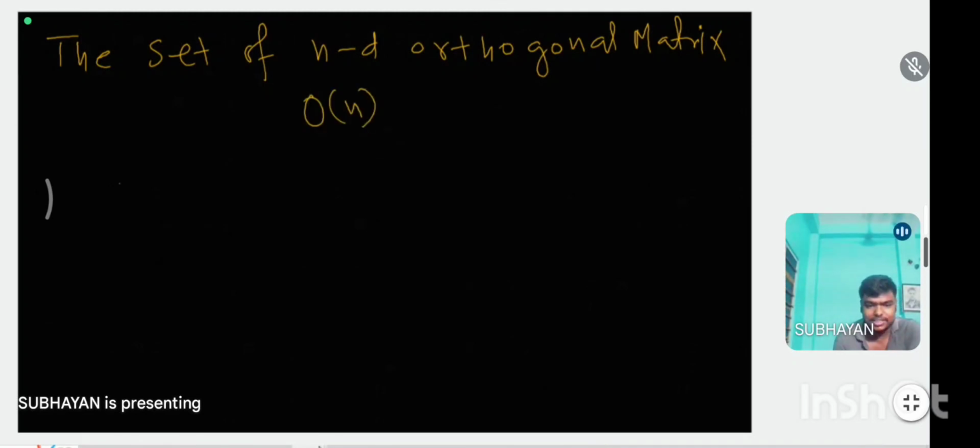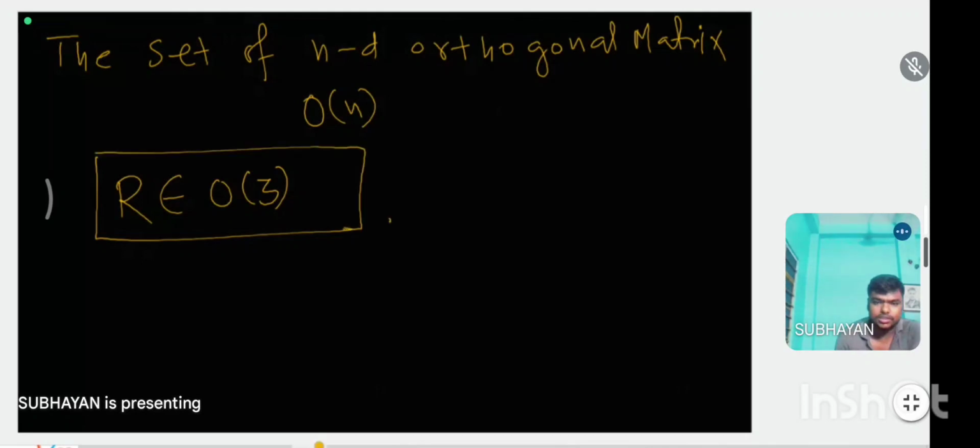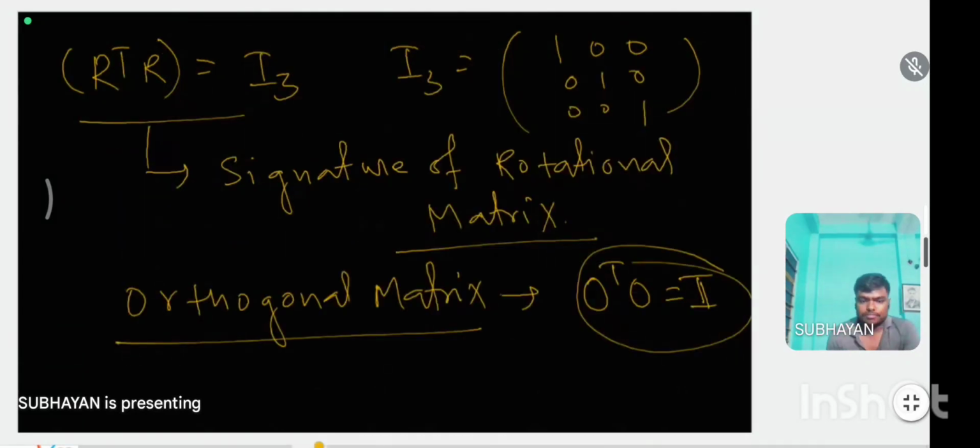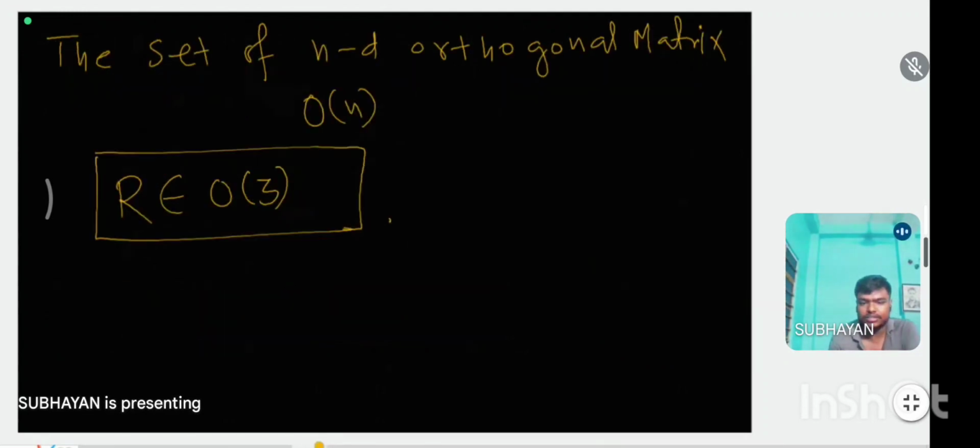So you can say that this R will belong to O3. Okay. So the elements which can be treated as the rotational matrix will be the elements of orthogonal matrix here in 3D.